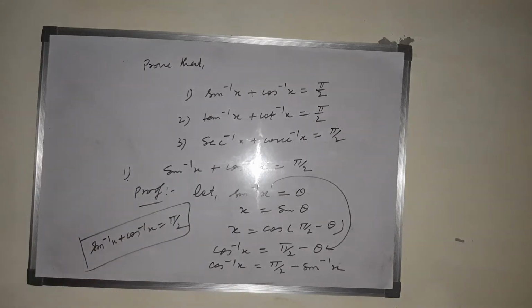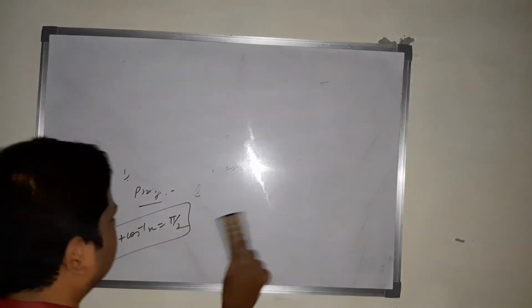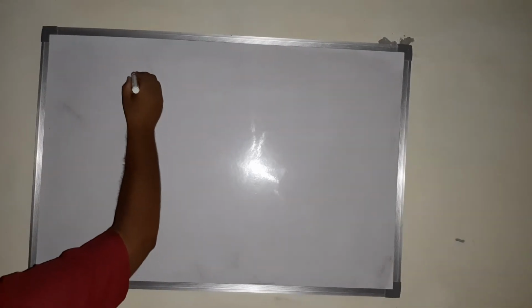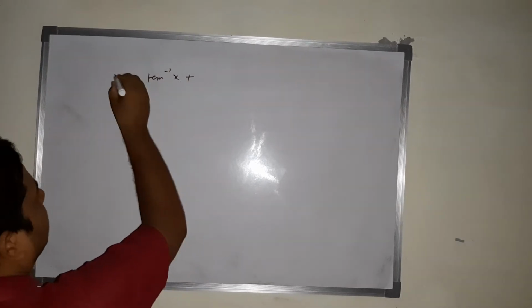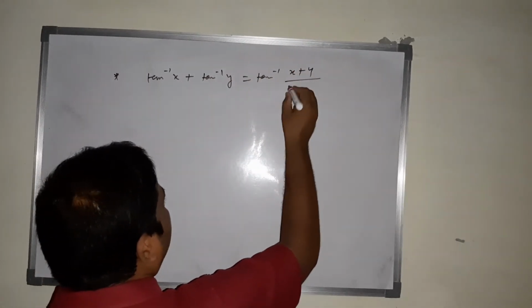Now some other properties: tan inverse x plus tan inverse y is equal to tan inverse of x plus y upon 1 minus xy.